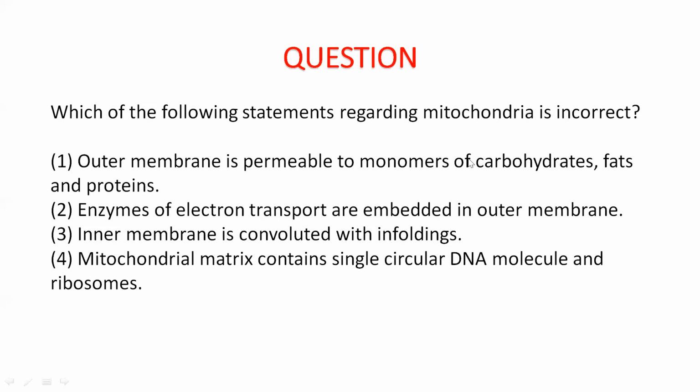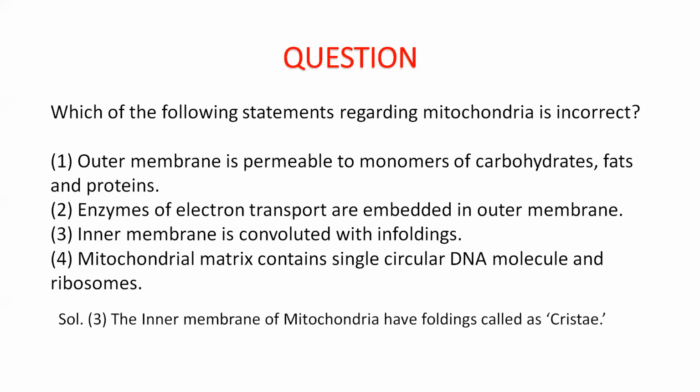So which would be the wrong statement? Option 4, sir. Option 4 is wrong. No. Incorrect. Yes. So mitochondria has single circular DNA molecule and ribosomes. Enzymes of electron transport, outer membrane.